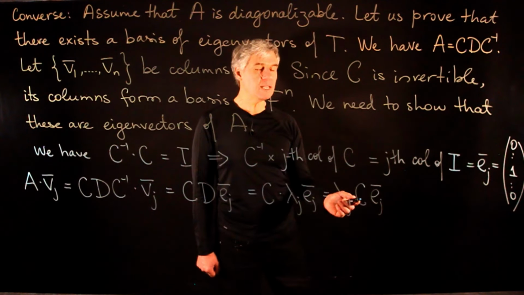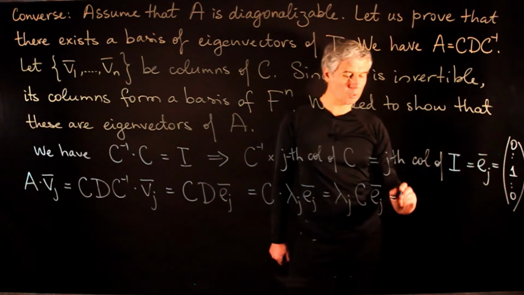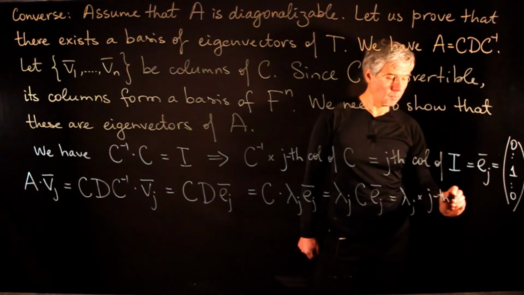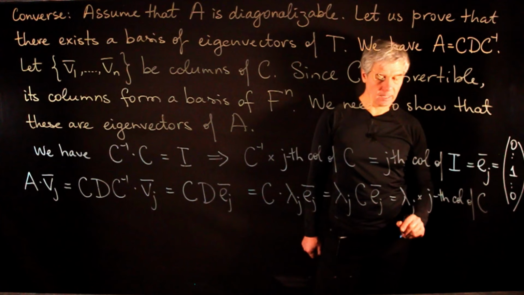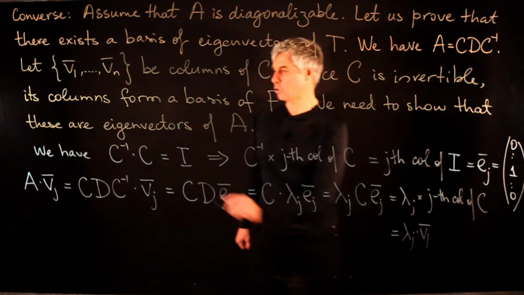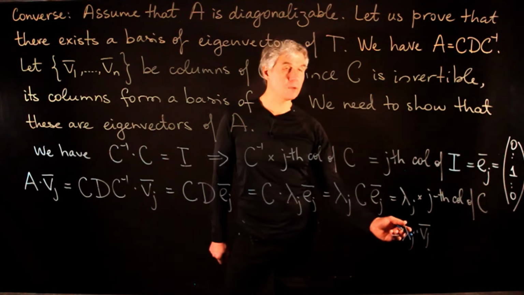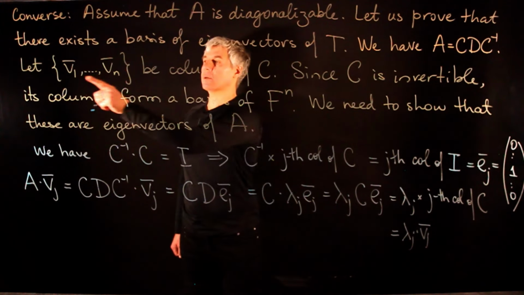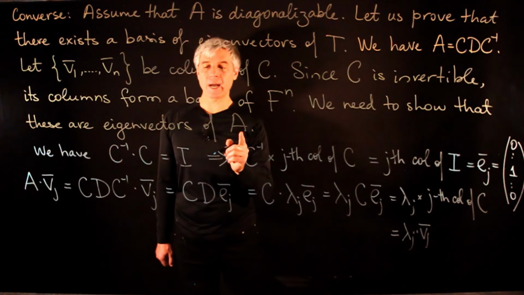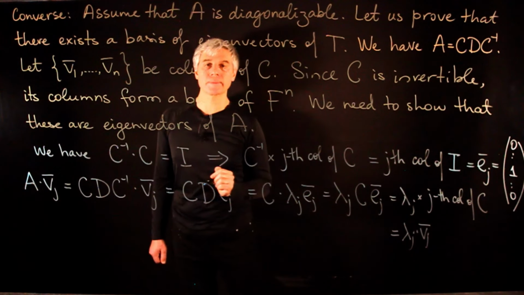But what is C multiplied by the column vector Ej? This is going to be the jth column of C. And thus the result is lambda j times Vj. And this shows that Vj is an eigenvector of A with eigenvalue lambda j. And now we conclude that we have constructed a basis of Fn that consists of eigenvectors of matrix A, or equivalently eigenvectors of transformation T.